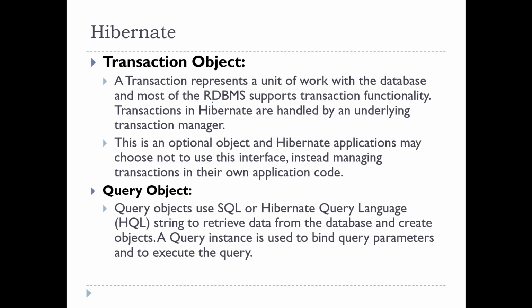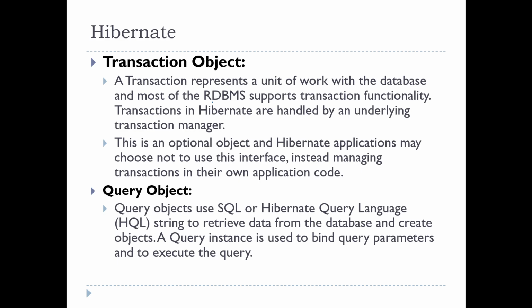Next is the query object. Query object will use either SQL or HQL. SQL is structured query language, which we have already seen. It is used to access data from a relational database. It is used to manipulate the data. And HQL is Hibernate query language.